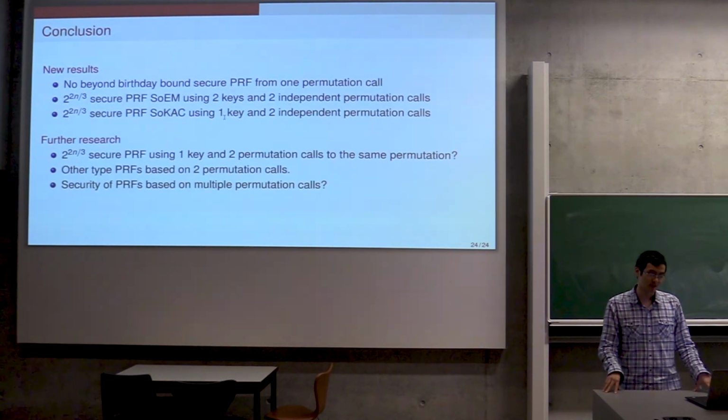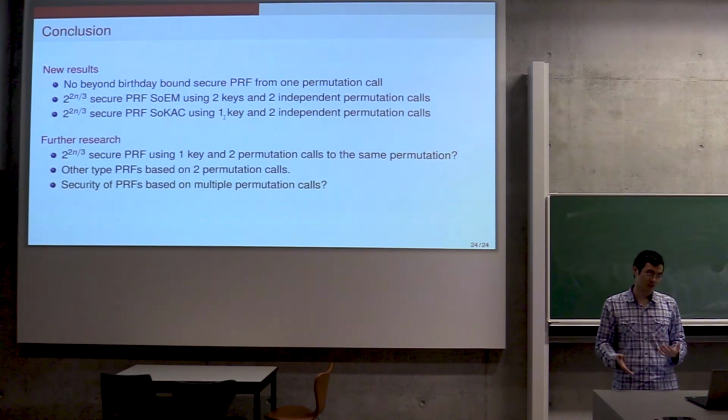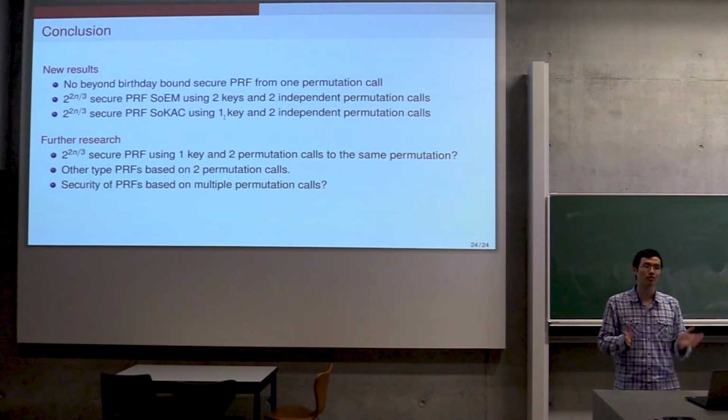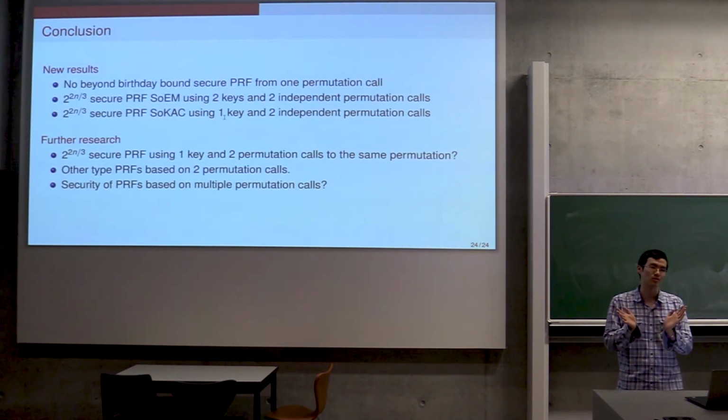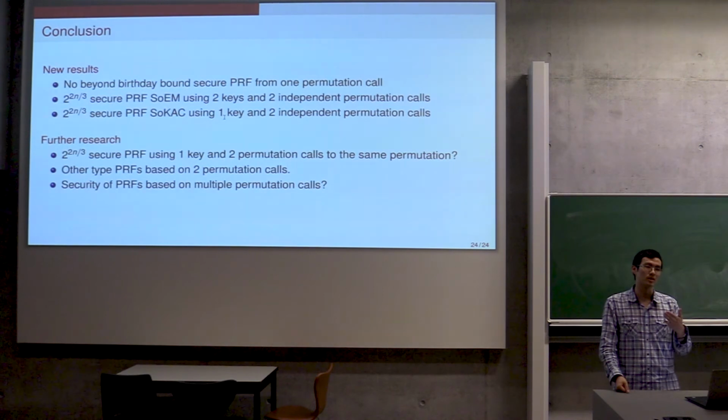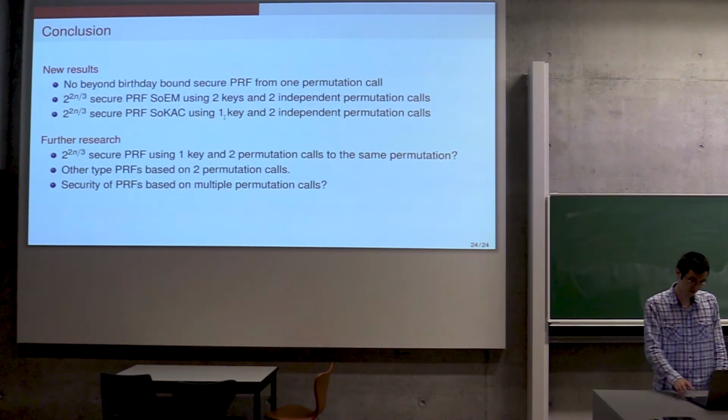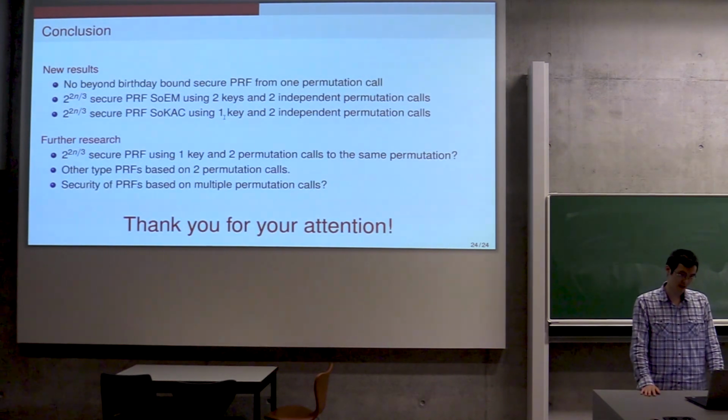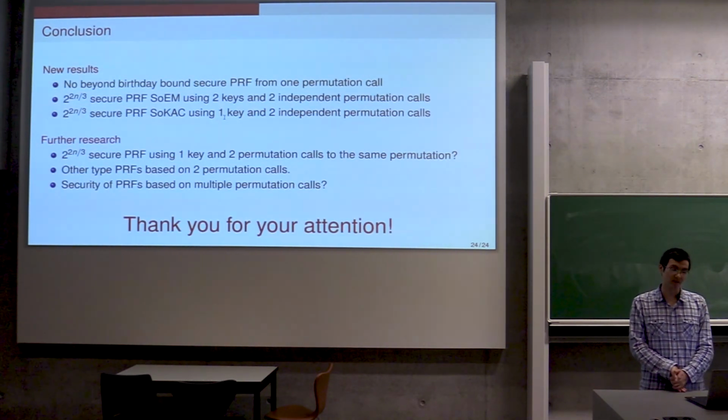For example, in the case where multiple permutations are considered, if we consider the sum of multiple Even-Mansour ciphers, how will the security bound increase with the number of permutations used? So this is the end of my presentation, and thank you for your attention.